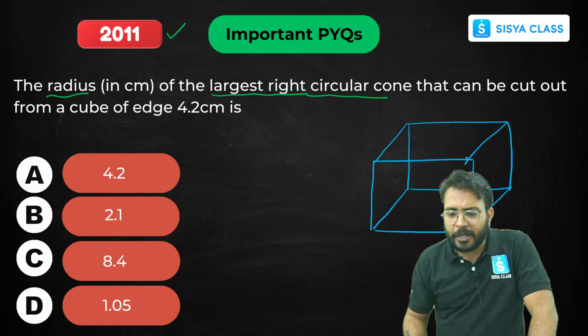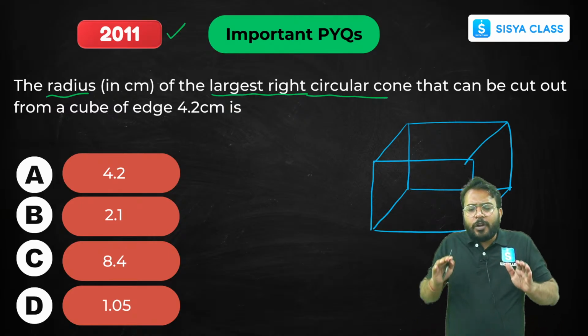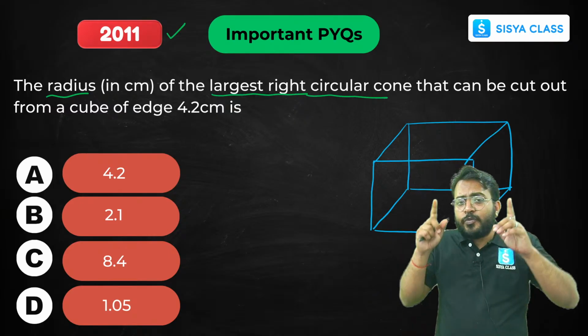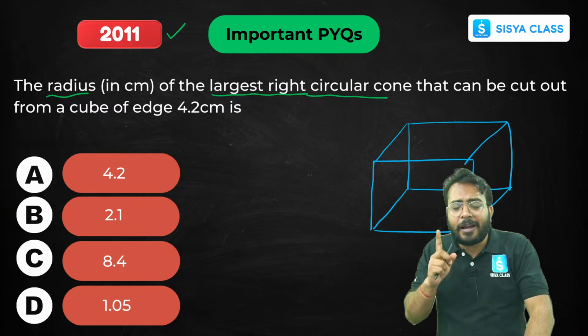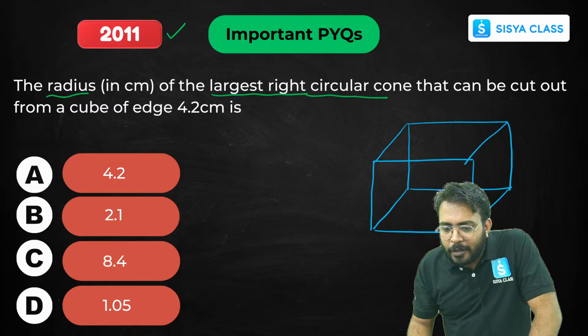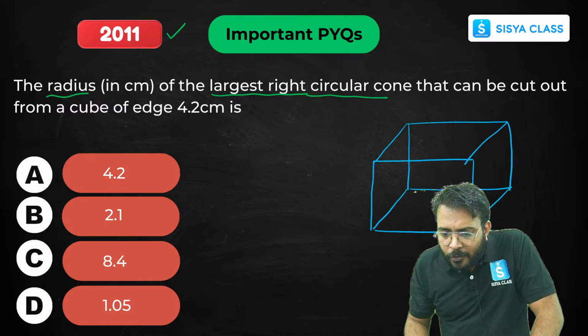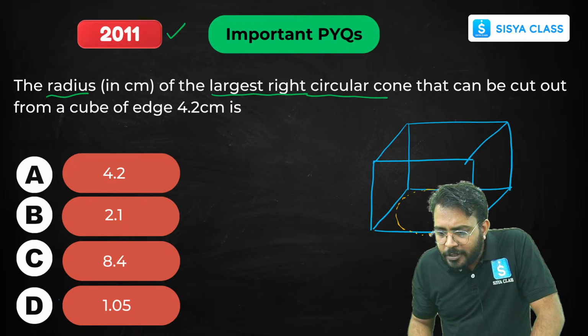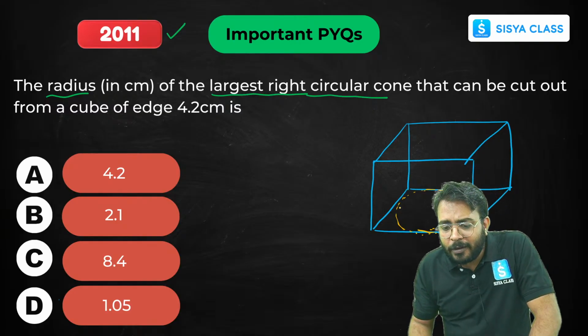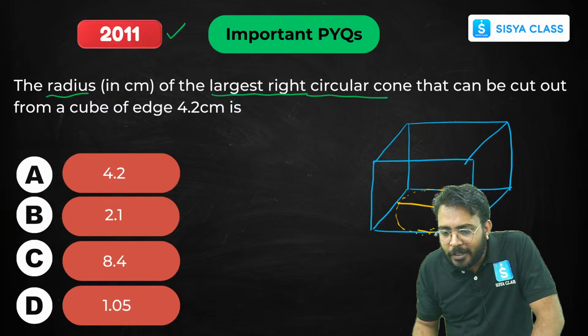Now what they are saying: if I want to draw one cone that has to be of the largest size, what should be that radius? The radius should be such that it is touching all the sides of your cube, yes or no? And when it is touching all the sides, the edge and the diameter are going to be of the same length.